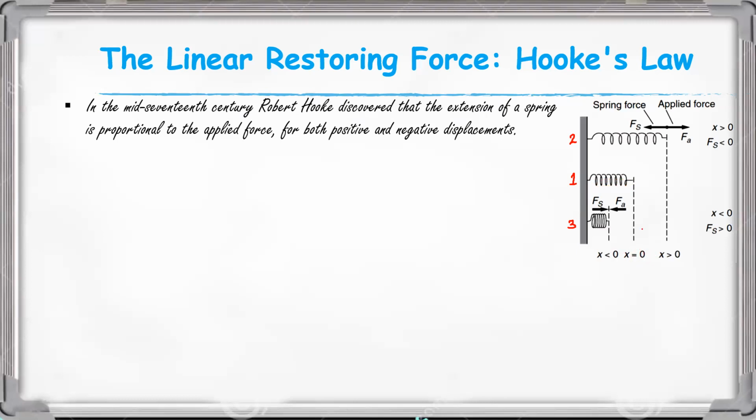The displacement is 0 here. Then there is no force, because Hooke discovered that extension is proportional to applied force. If there is no extension, there is no applied force.